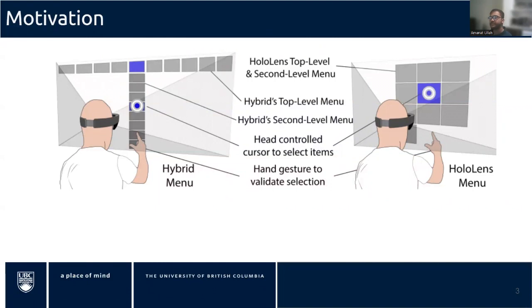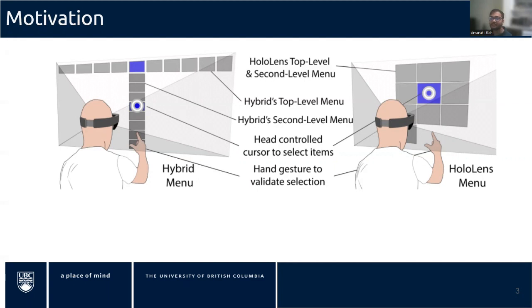So from the picture, we see a typical action done on the HMD. And this usually requires the user to activate a menu. And once it's activated, it's then displayed on the field of view of the head-mounted display. To interact with the menu, the user has to use his hand to select or validate an action using a mid-air gesture.